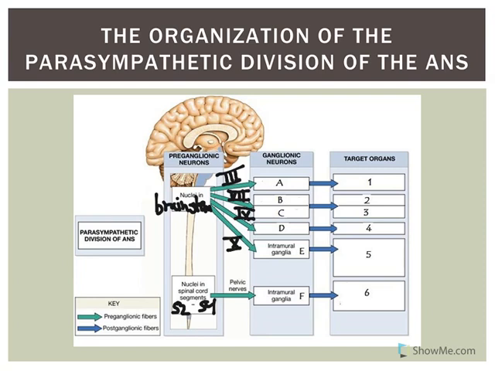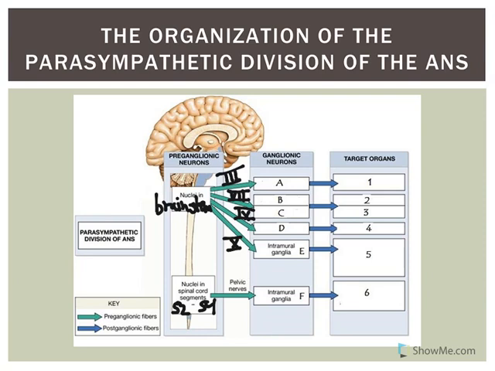And we're going to go through the names of different ganglia and their target structures. So what I'm going to do is tell you the names of each one of these ganglia, which I've labeled as A, B, C, D, E, and F, and the target organs that correspond to these ganglia.